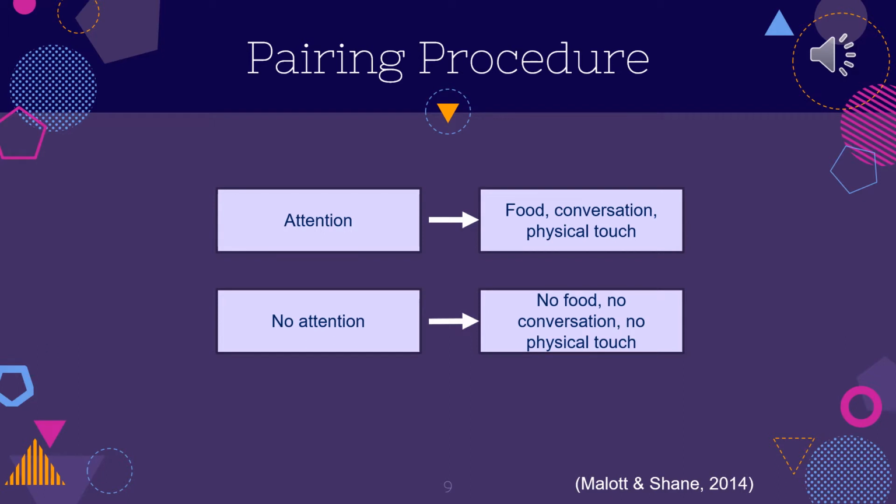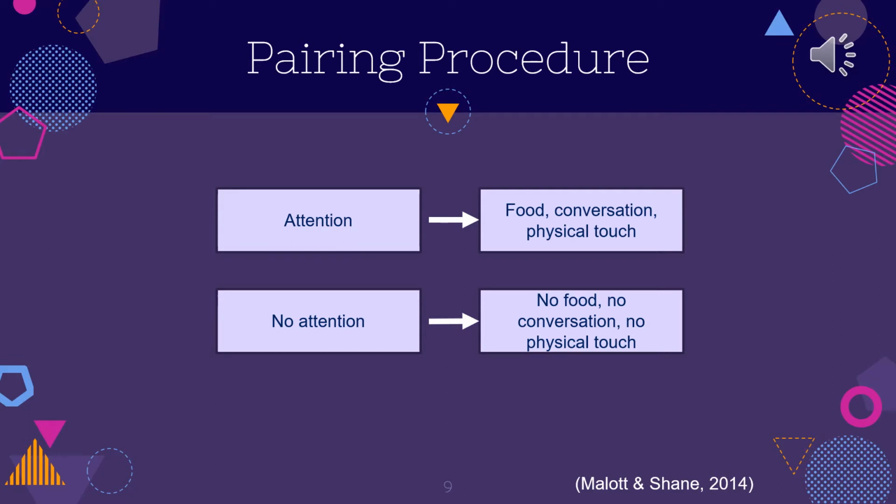Now let's look at the pairing procedure for the previous example. The pairing procedure is defined by Malott and Shane as the pairing of a neutral stimulus with a reinforcer or aversive stimulus. When attention was present, it was immediately followed by food or conversation or physical touch. And if attention was not present, neither were food, conversation, or physical touch.